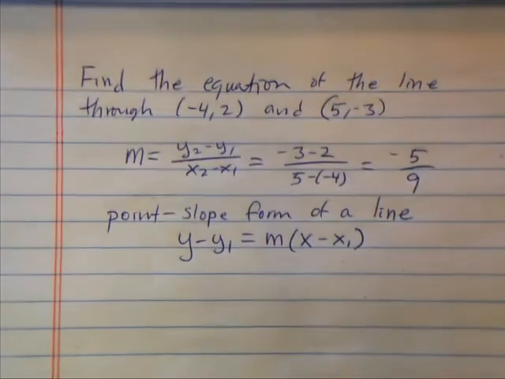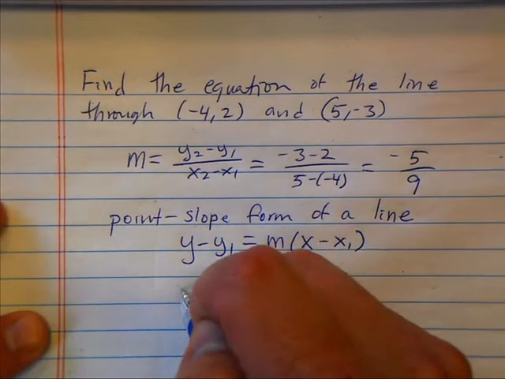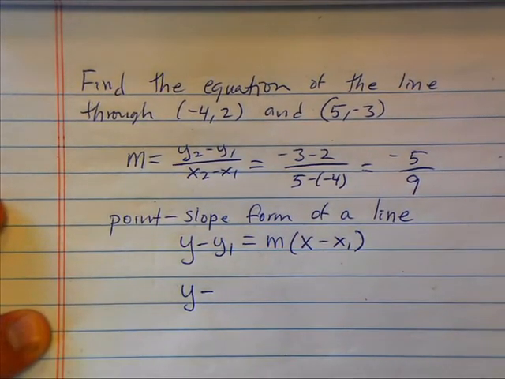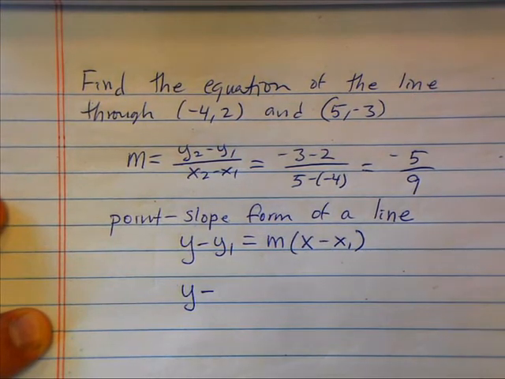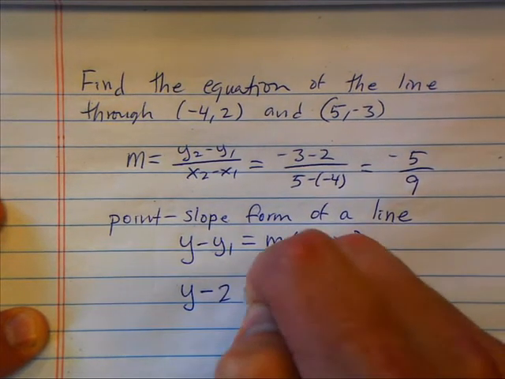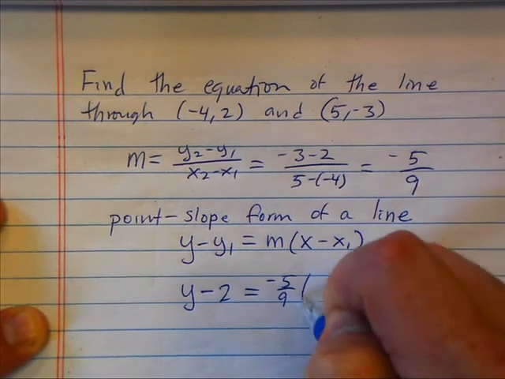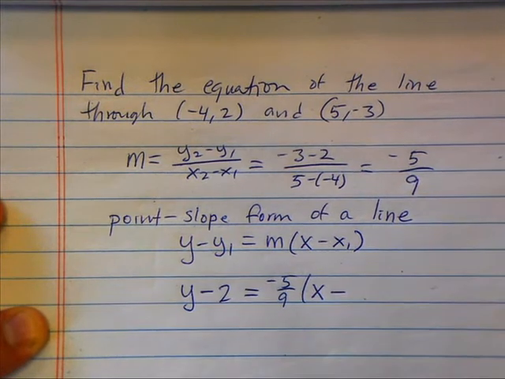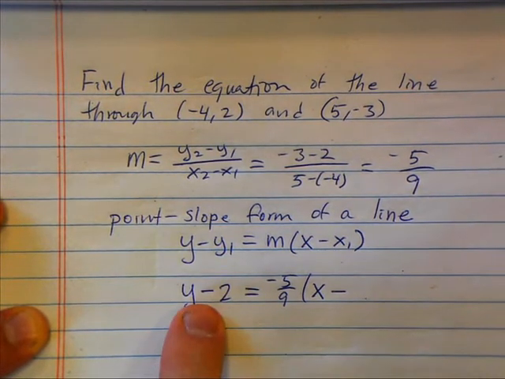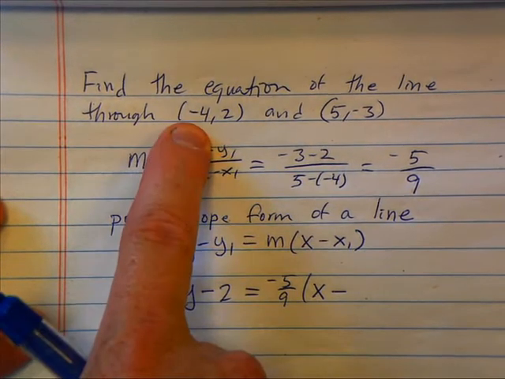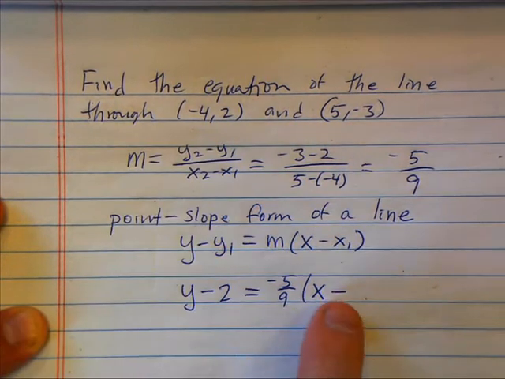And here's the advantage of using this formula. I can write y minus, what's my y1 number? So the number is 2, so it would be y minus 2 equals m. M is negative 5/9 times x minus, if I used 2, then what number do I have to use for x? Negative 4, and then I'm going to have a minus and then another minus.